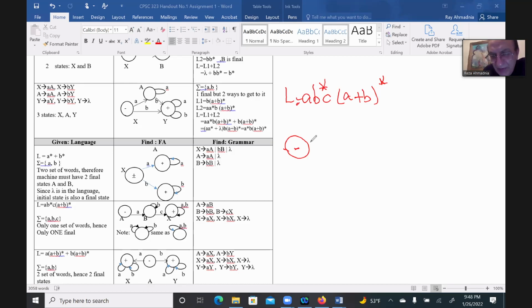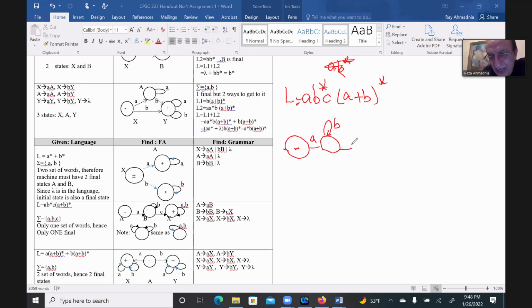Okay, 1A, I get to here. Can I stop? No, not yet. I have to stop when I get to here. When I get to here, I can have as many B's as I want, but still I cannot stop because I don't have a word like AB ending here.